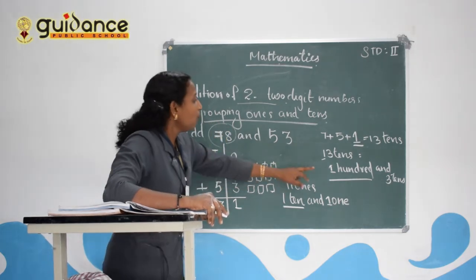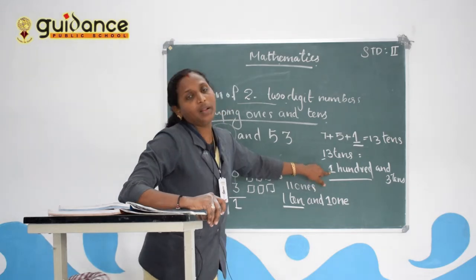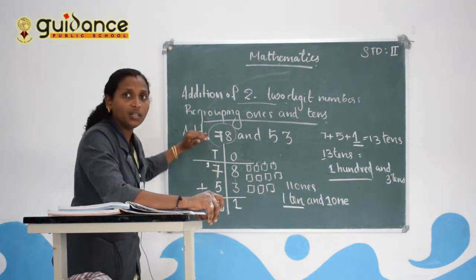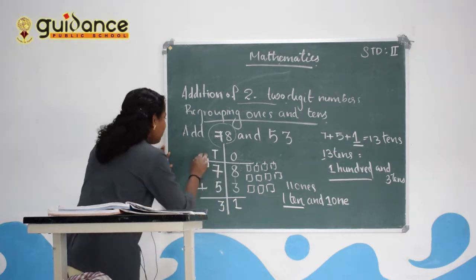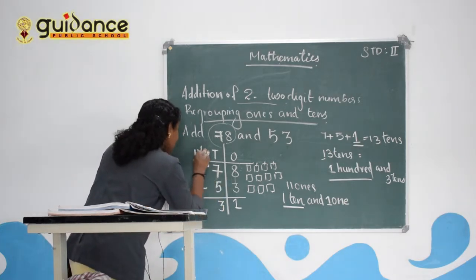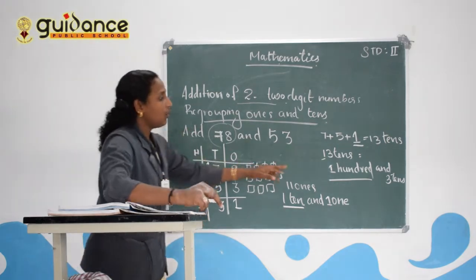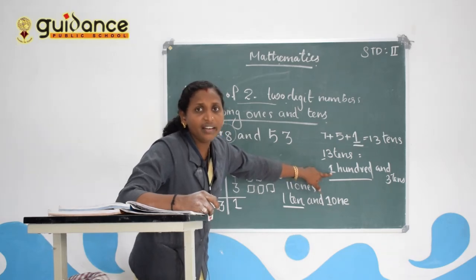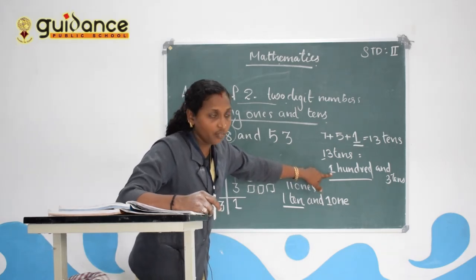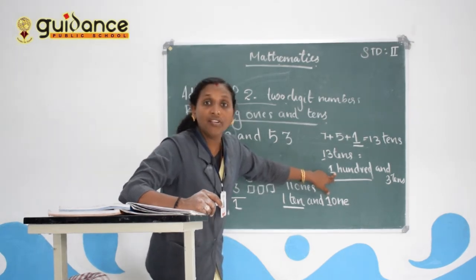This number has nothing in the 100 place, so at that time we will write in the 100 place, and at the bottom write 1. Which one? 100. That is the carried over 100 to the 100 place.